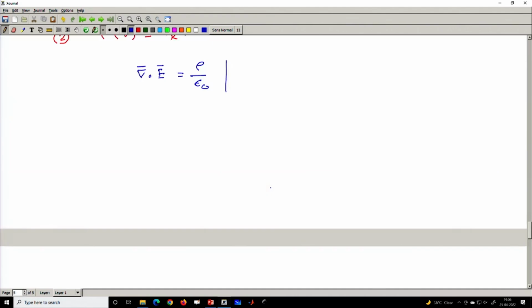The total E I already know, so from equation 1, the total E is E R as a function of r with the Heaviside function of z, plus E L, the left hand side, with the Heaviside function of minus z, and that is all.